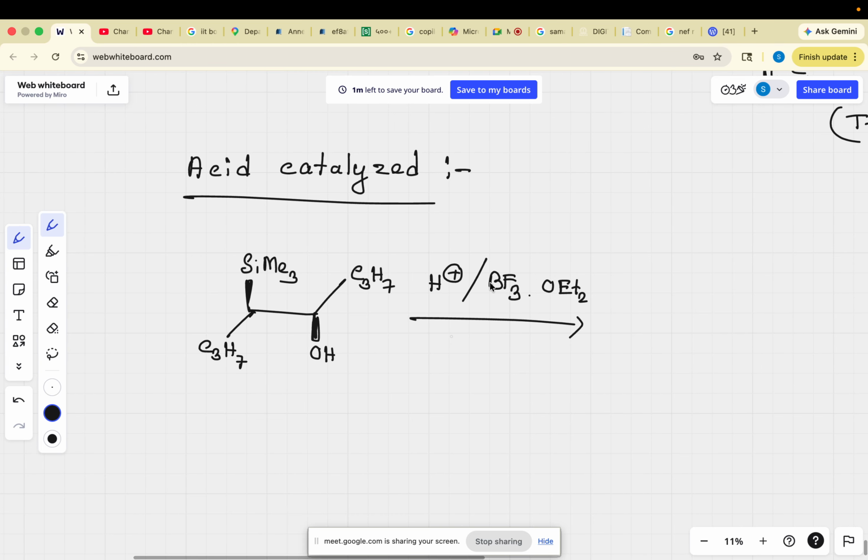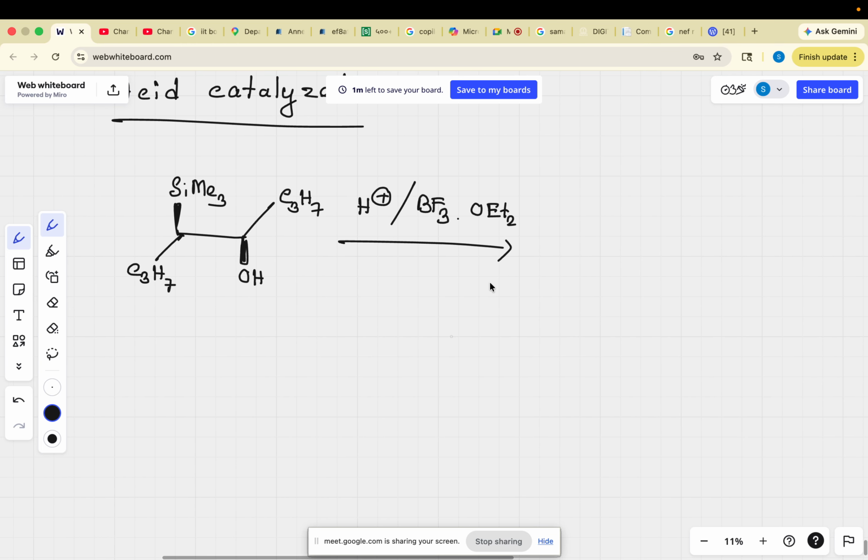First of all, you can draw this molecule like we did previously. C3H7, first of all draw the skeleton. Above the plane you have SiMe3, so on the right hand side you will have SiMe3, and on the left hand side you will have a proton.